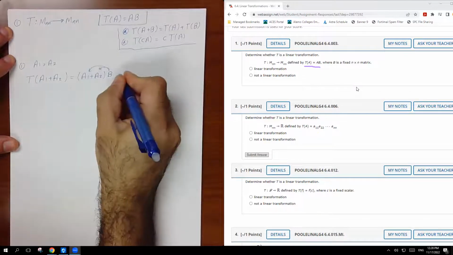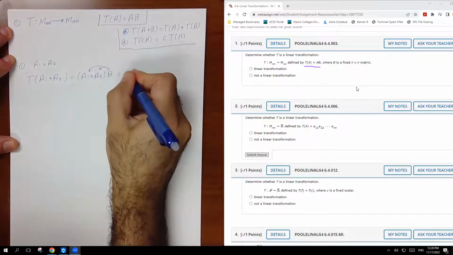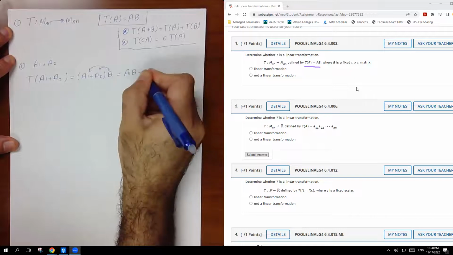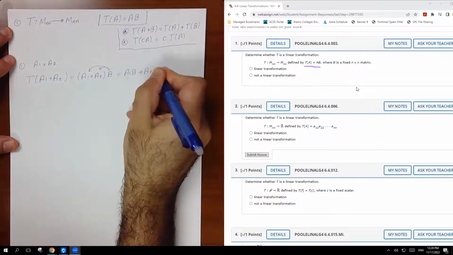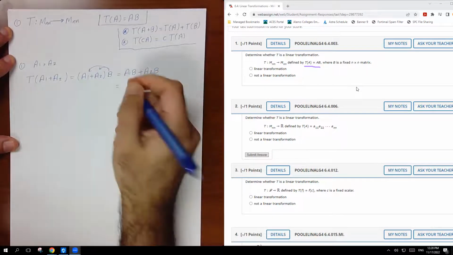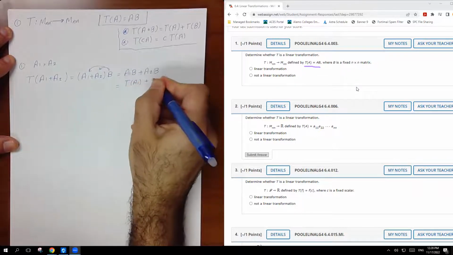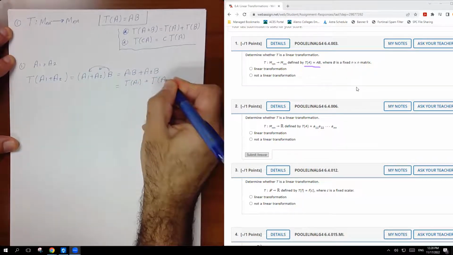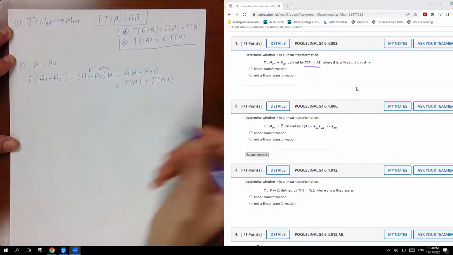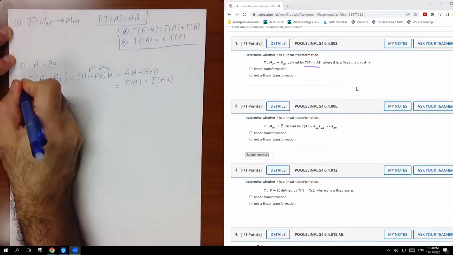So this is equal to A1 B plus A2 B, and this one is the transformation of the matrix A1, and this one is the transformation of the matrix A2. So that means the first condition is right.